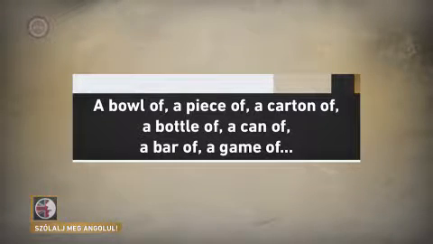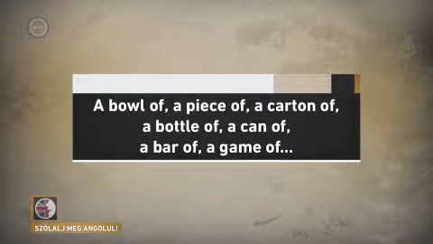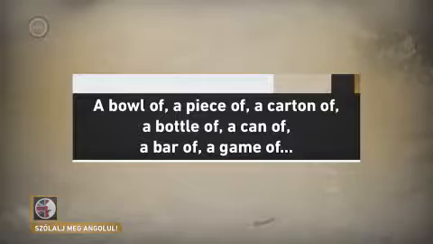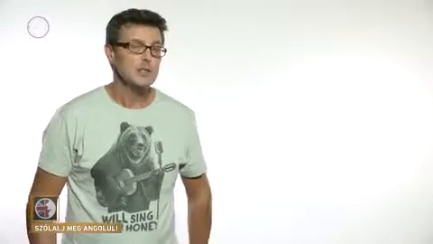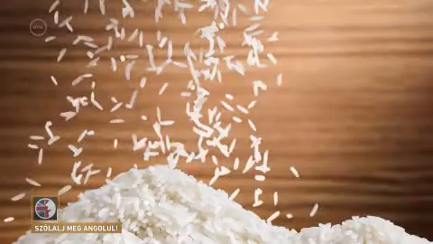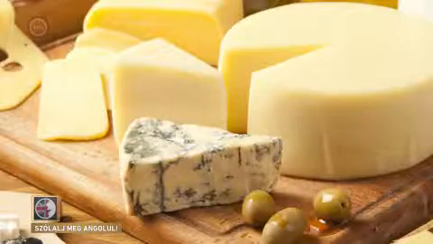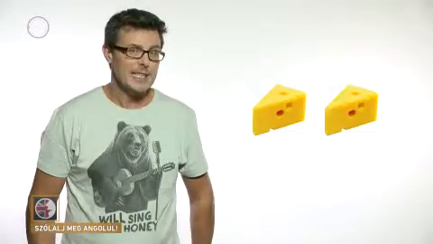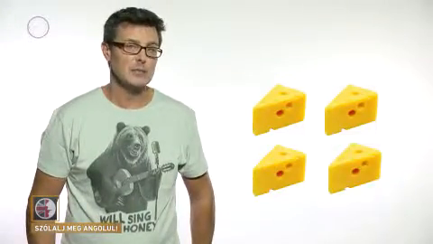Here are some other things we can say to make uncountable nouns countable. A bowl of, a piece of, a carton of, a bottle of, a can of, a bar of, a game of. So, rice is uncountable, but we can count a bowl of rice. Cheese is uncountable, but we can count a piece of cheese.